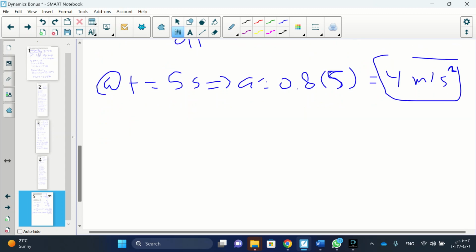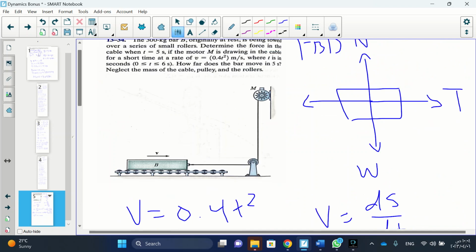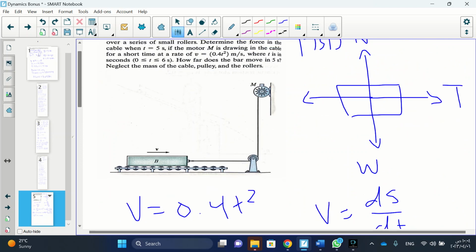Now we use Newton's first law, which says sigma Fx equals m ax. Because it is moving in the x direction only, we use the sigma Fx.